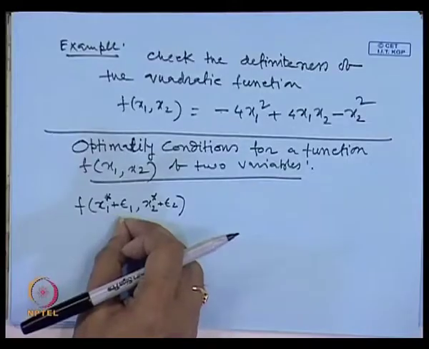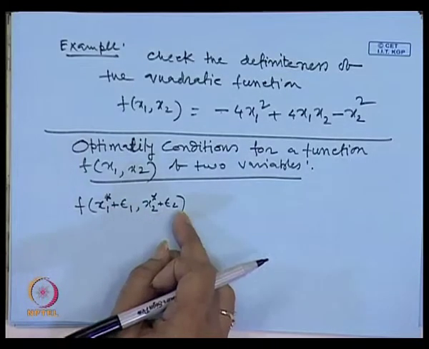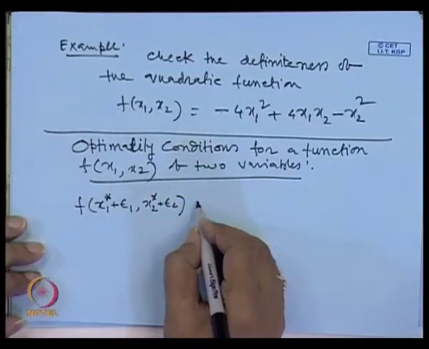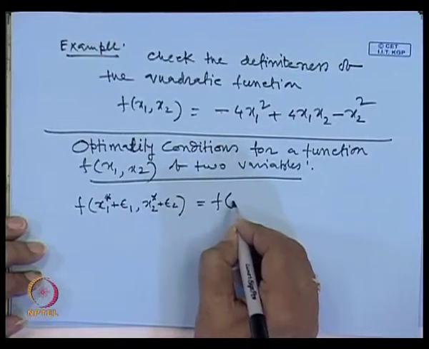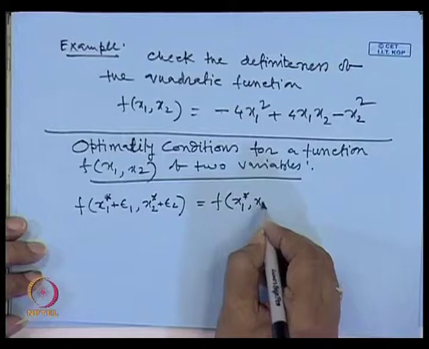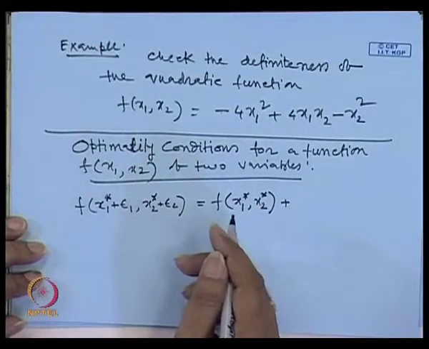Then around this we give perturbations from x1 star and x2 star. So let us see the Taylor series expansion of this function, which is a function of two variables.